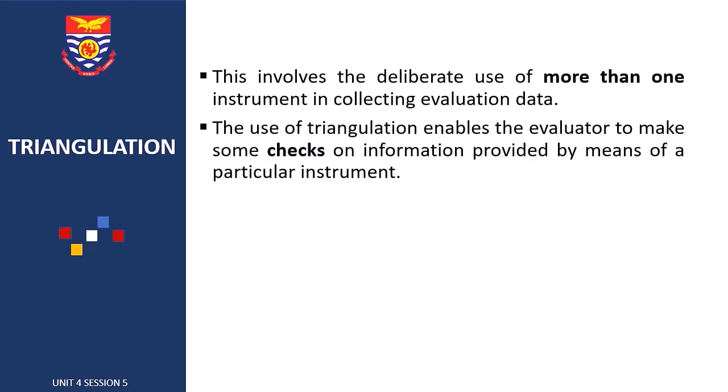So, triangulation involves the deliberate use of more than one instrument in collecting evaluation data. The use of triangulation enables the evaluator to make some checks on information provided by means of a particular instrument. One instrument will check the defects of the other instrument, and so those deficiencies will be accounted for by others.